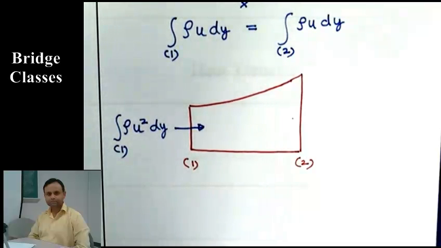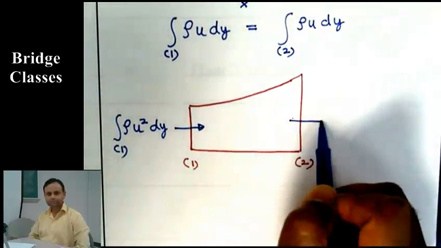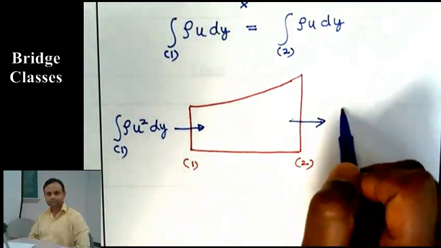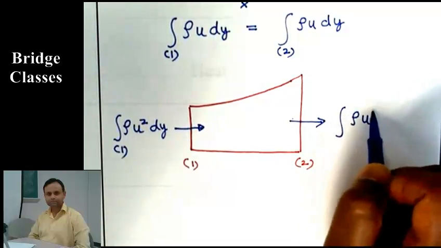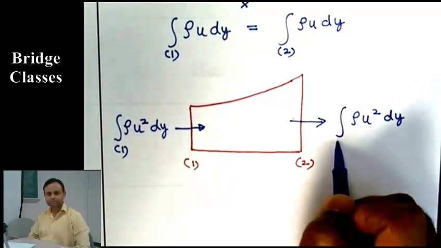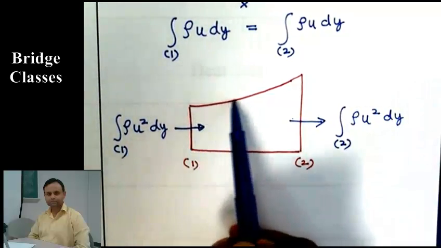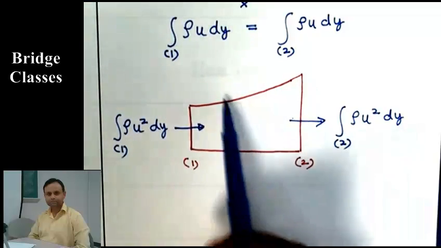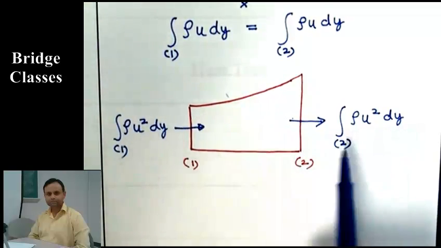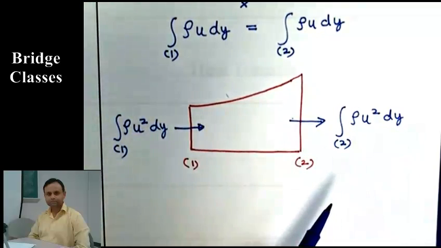That is momentum that enters at 1. Momentum that comes out from section 2 is also integral rho u square dy, but the integration is at section 2. There is no momentum exchange here and here because there is no mass flow. Those are the only places where we have momentum transfer.